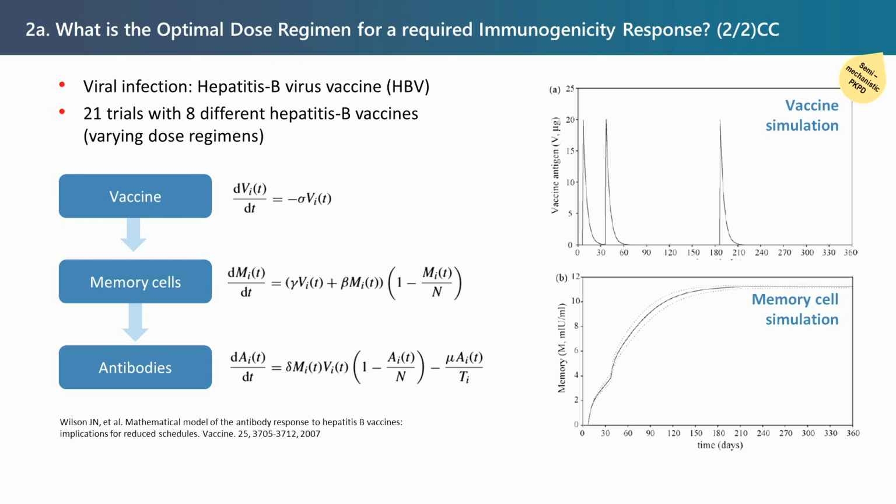A fairly simple 3-compartment model was developed to describe the relationship between vaccine administration, memory cell growth, and antibody excretion. The model has 6 unknown parameters, of which 5 had to be estimated.